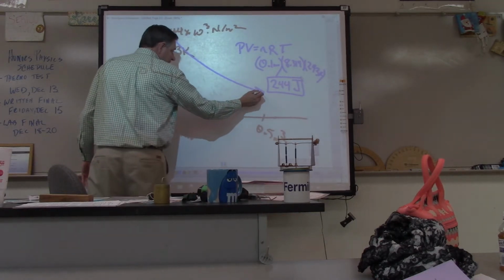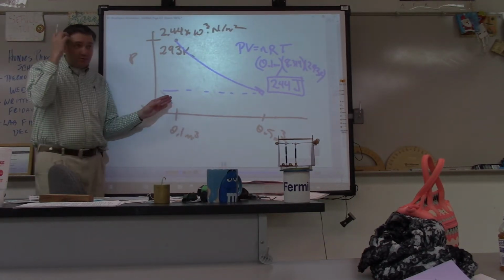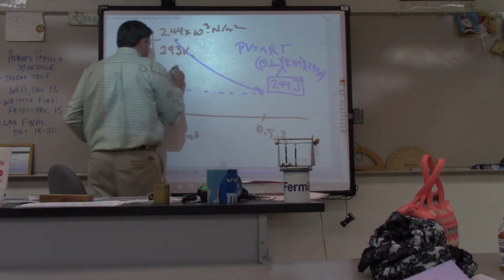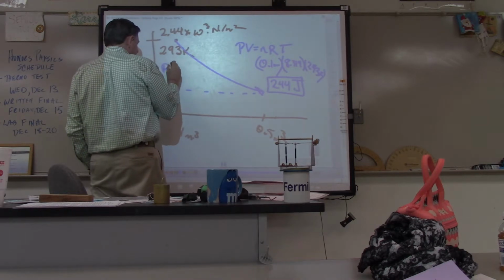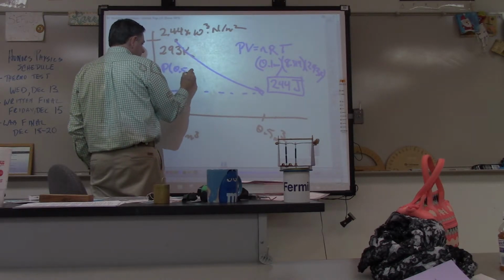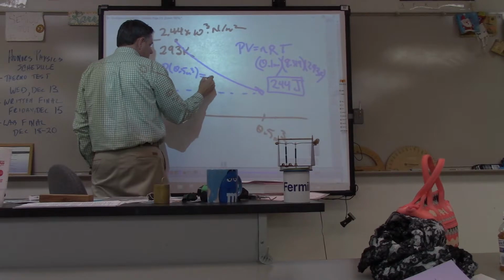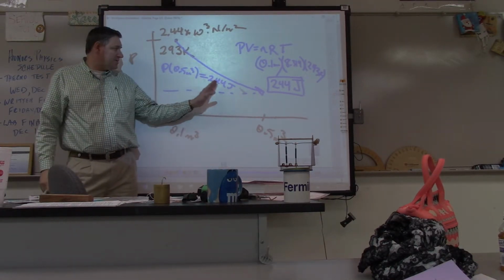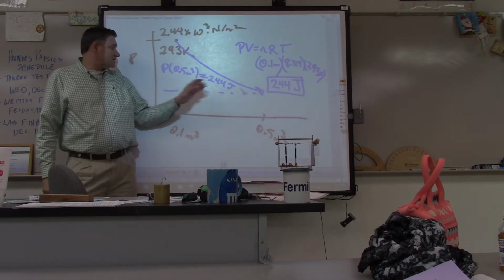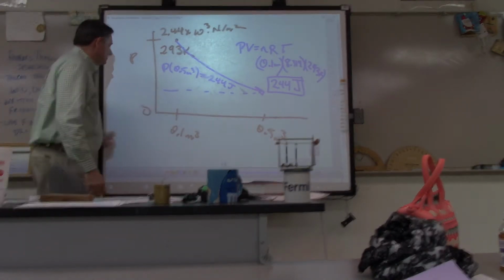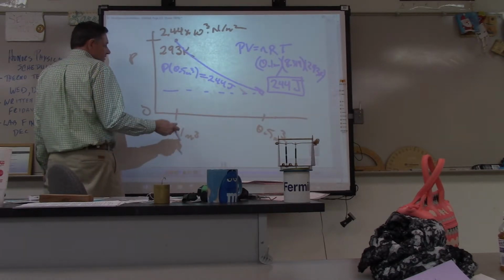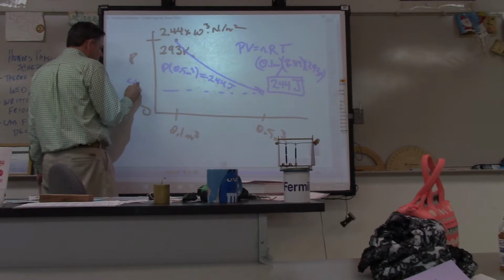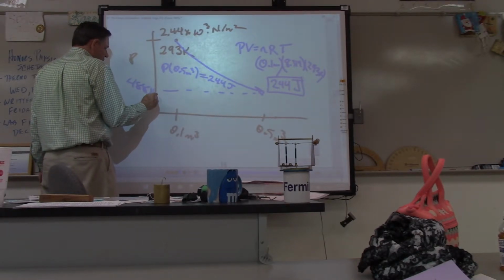So if I want to find this pressure over here, which we said has to be less, I can take my volume, which is 0.5 cubic meters, and that's going to equal 244 joules. So my pressure times my volume has to equal 244. So somebody figure out that pressure. So should be 488, okay? 488 newtons per square meter.